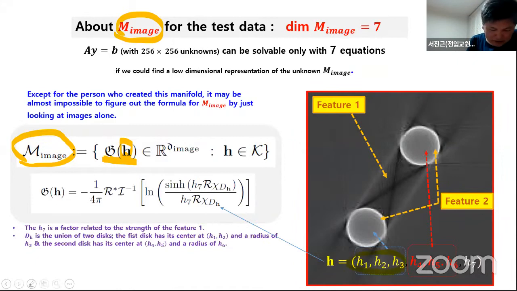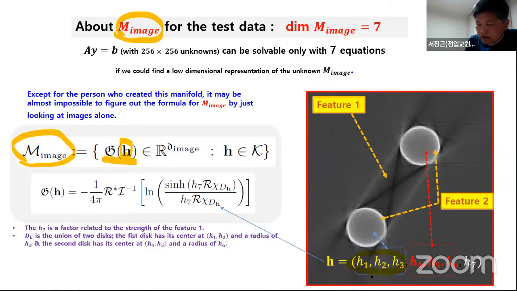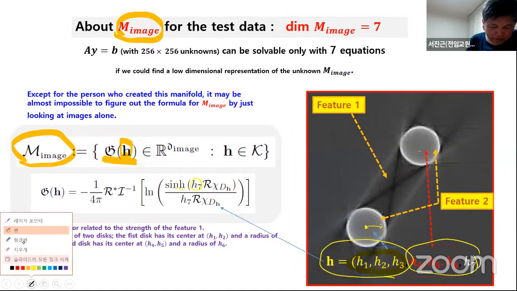This 3-term is the center and radius, and this one is the center and radius. The remaining part takes care of this value. So this is a 7-dimensional manifold.